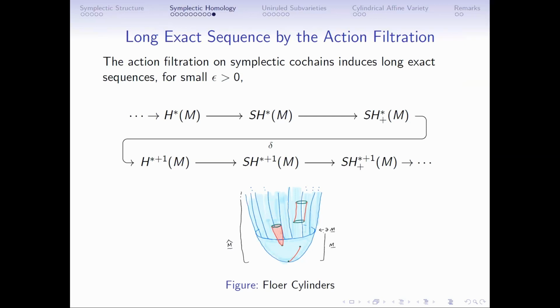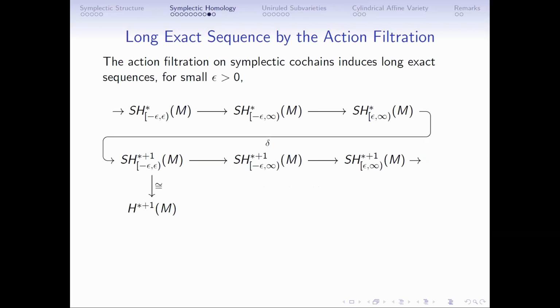You can define it with a perturbation where the Hamiltonian vector field becomes zero, and then that function becomes a real Morse function on the manifold.